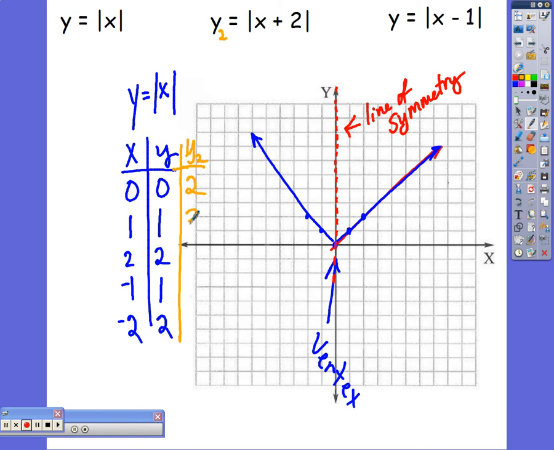Absolute value of 3 is 3. When we have 2, 2 plus 2 is 4. Absolute value of 4 is 4. -1 plus 2 is 1. Absolute value of 1 is 1. And then when we have -2, we get -2 plus 2 is 0, and the absolute value is 0.